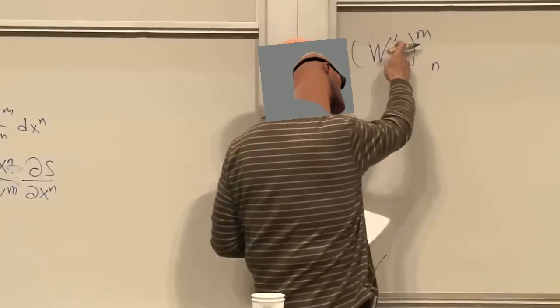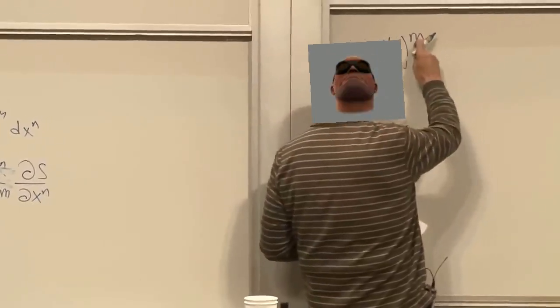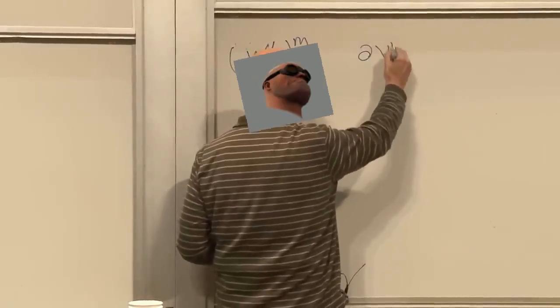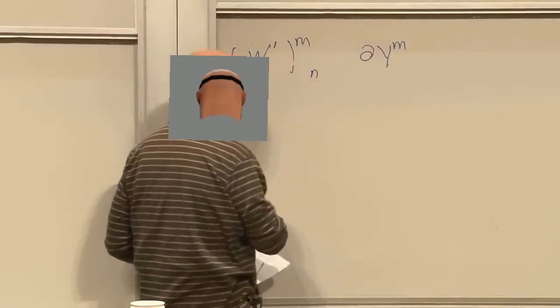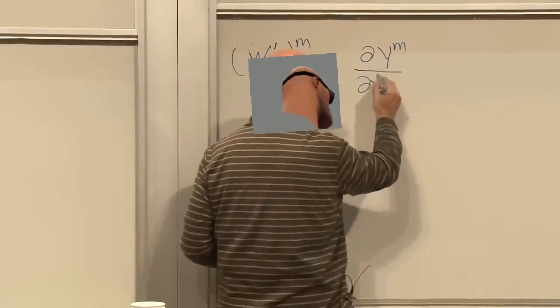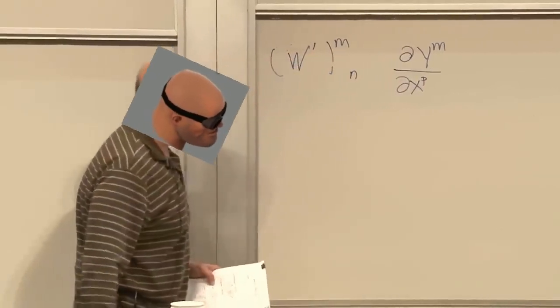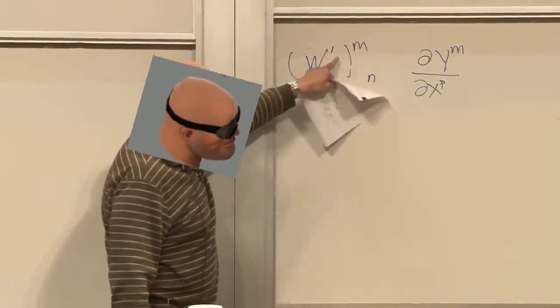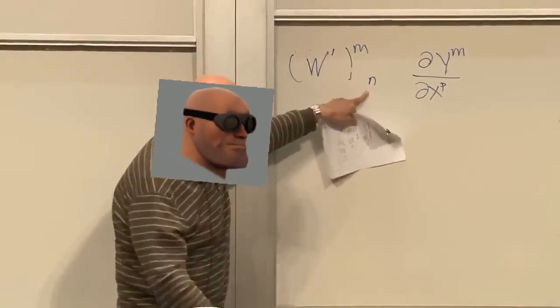This is a primed component. This is the index m. So there must be a dy m upstairs. Right? There's going to be a dx p downstairs. Now, what about this index here? This is a y index because it's primed downstairs.